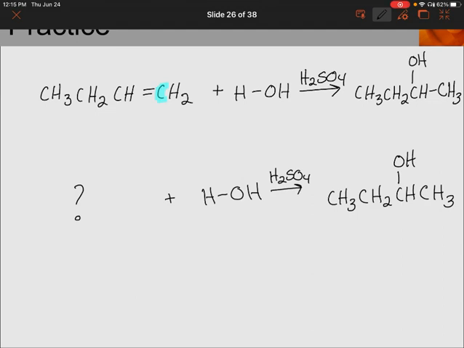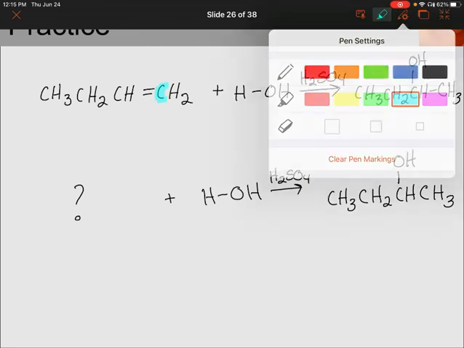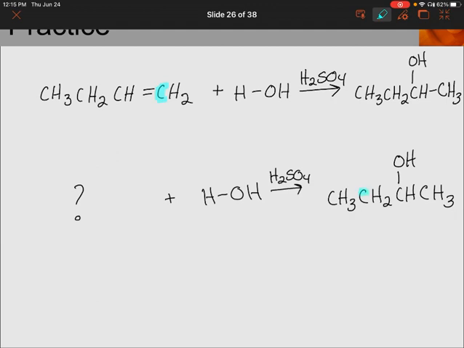All right, let's look at our second problem. Now, if you got a little confused on this one, don't worry, I meant it to be a little more challenging. Now, there's two possibilities here, right? So, the first possibility is that the hydrogen added to this carbon here, and then the OH group obviously added to that carbon. Or the other possibility is that the hydrogen added to the carbon on the right, just like above, right?